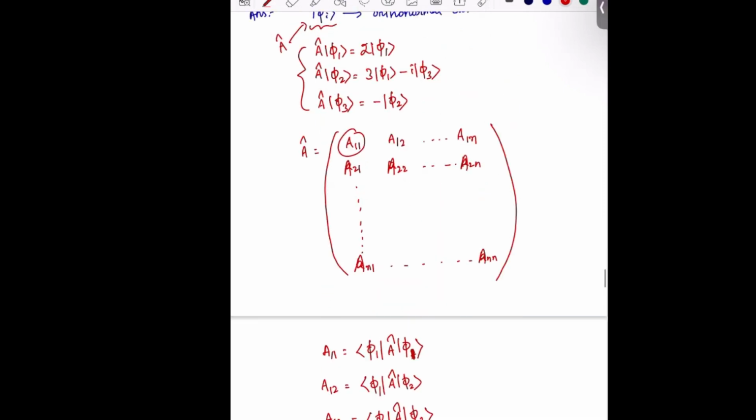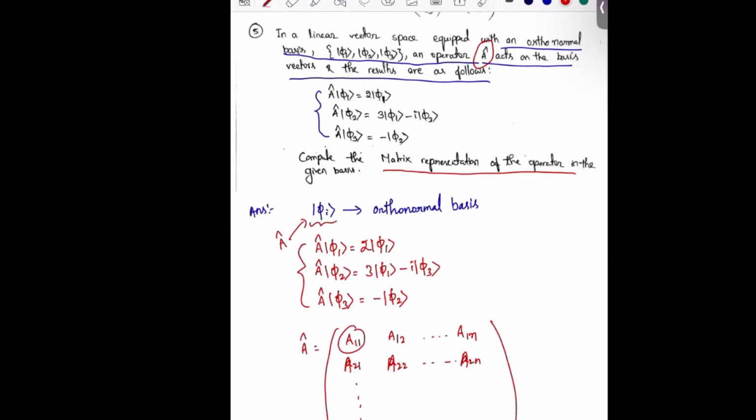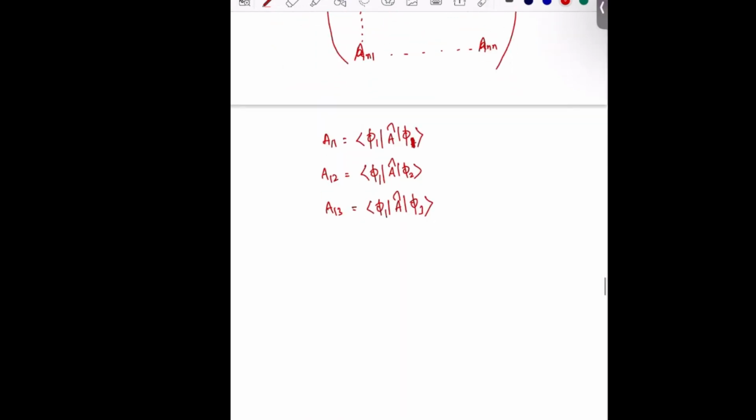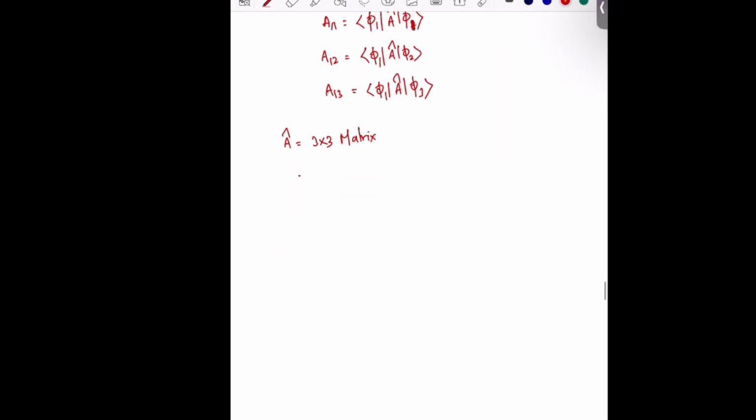Now you are seeing that there are three orthonormal basis vectors, which means A will be a 3 cross 3 matrix where the elements are A11, A12, A13, A21, A22, A23, and A31, A32, and A33.